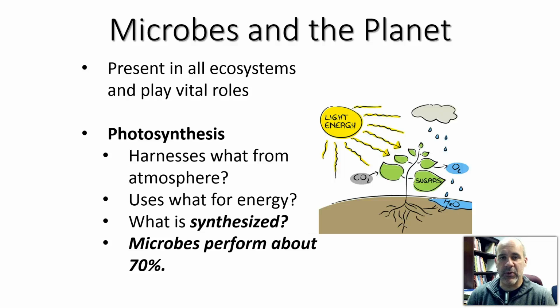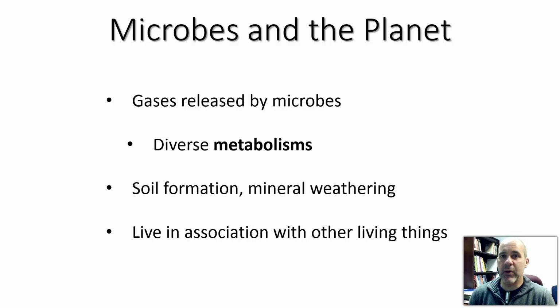It's coming from organisms that do photosynthesis. As a kid, you learned that plants do that, and they absolutely do. So do algae. But as it turns out, microorganisms perform about 70% of the photosynthesis on the planet. If they weren't here, we wouldn't have enough oxygen gas in our atmosphere to support living things like us that require oxygen gas.